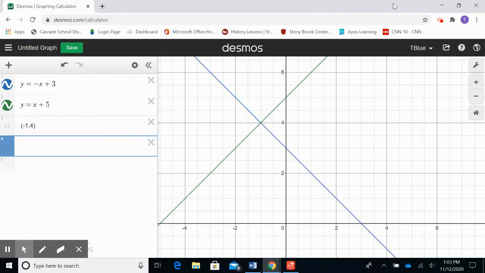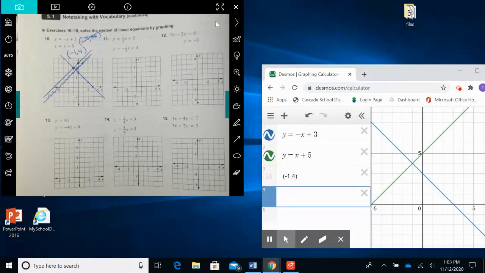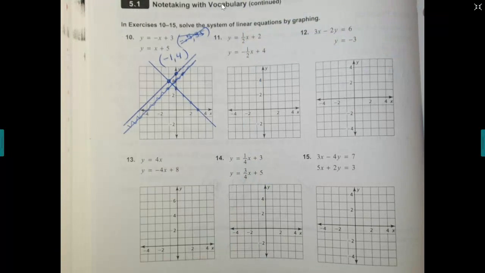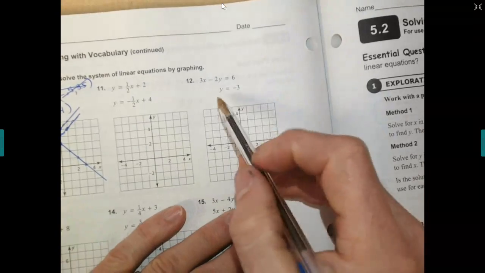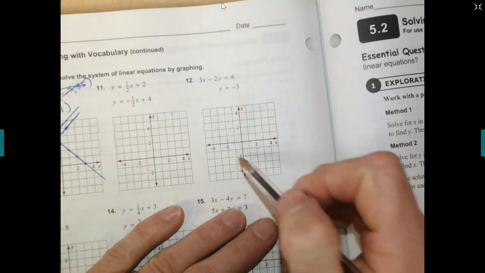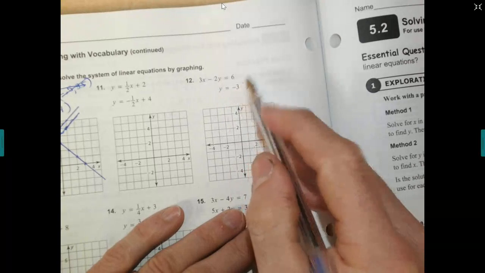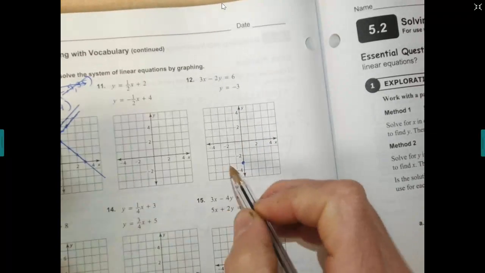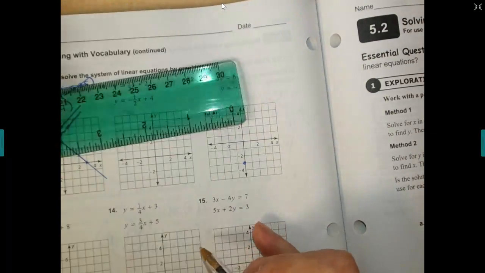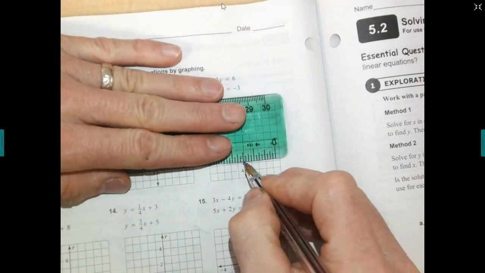All right, now we're going to go into number 12. Here's number 12. Now I could solve this and draw it. So y equals negative 3, y equals negative 1, negative 2, negative 3. So here's my line for y equals negative 3.